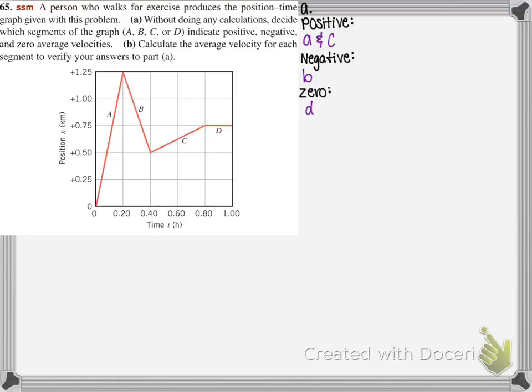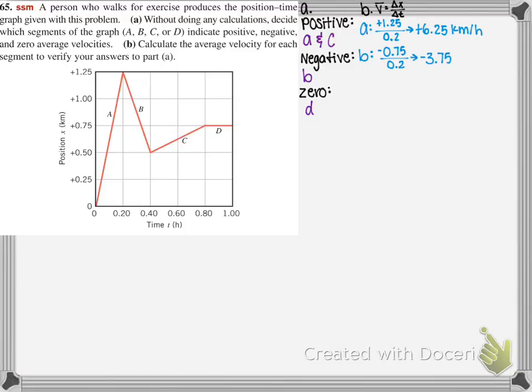Now for part B, calculate the average velocity for each segment to verify your answers to part A. You use the equation velocity equals the change in displacement over the change in time. A is a positive 1.25 kilometers over a 0.2 hour period, which gives you positive 6.25 kilometers per hour.